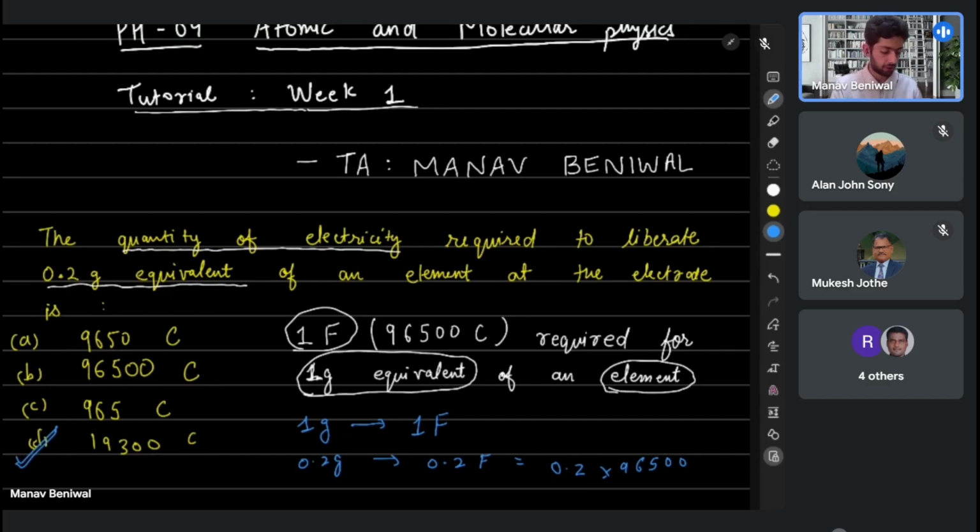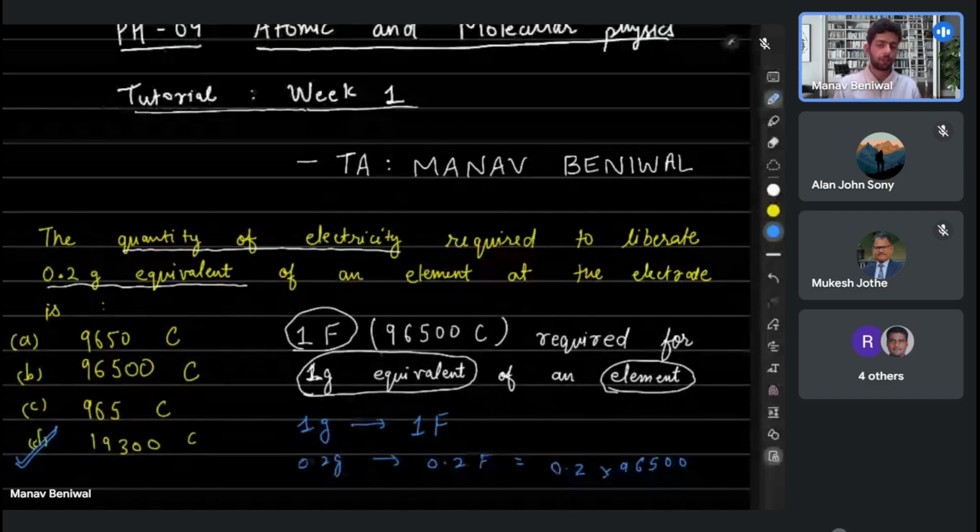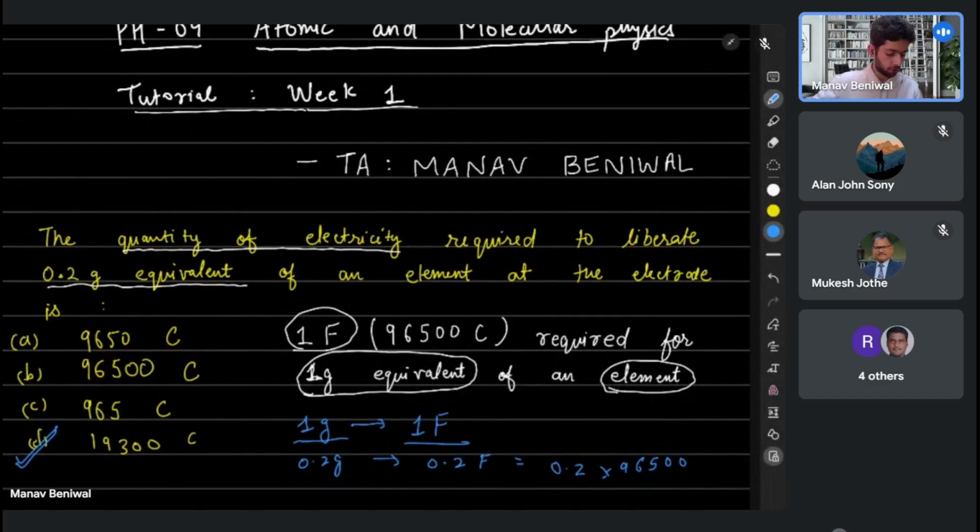So 1 Faraday of charge means this is the amount of charge which will deposit 1 gram equivalent of an element on the electrode. So for 1 gram, we required 1 Faraday. Therefore, for 0.2 grams, we'll require 0.2 Faraday. And by simple multiplication, we get our answer.